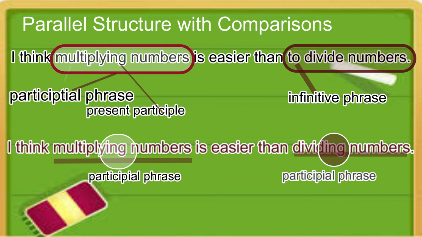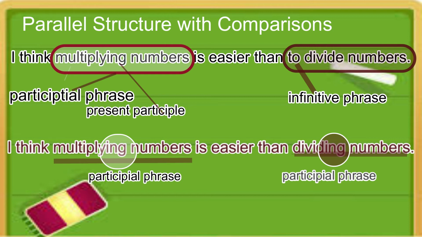And the other encircled words, to divide numbers, is an infinitive phrase. Why is it not parallel? Because the first is a participial phrase, then the other one is an infinitive. They are not matched. They are not connected. They are not in the same pattern.